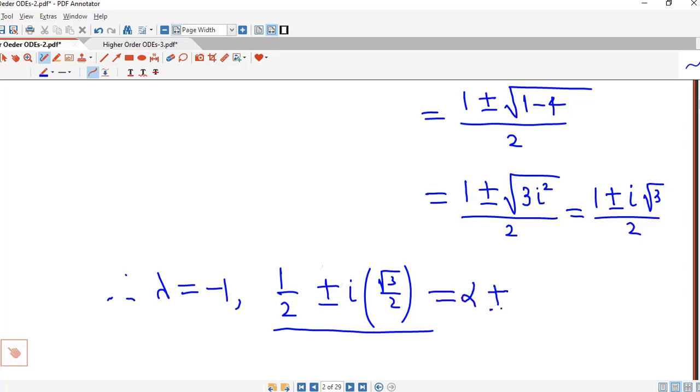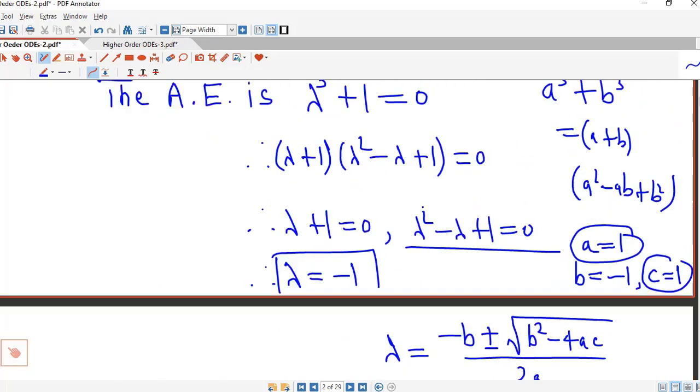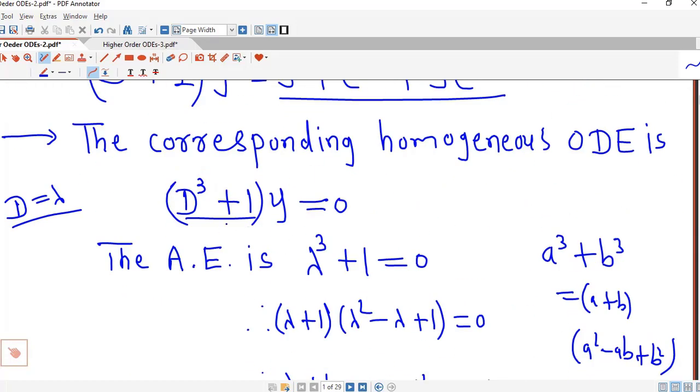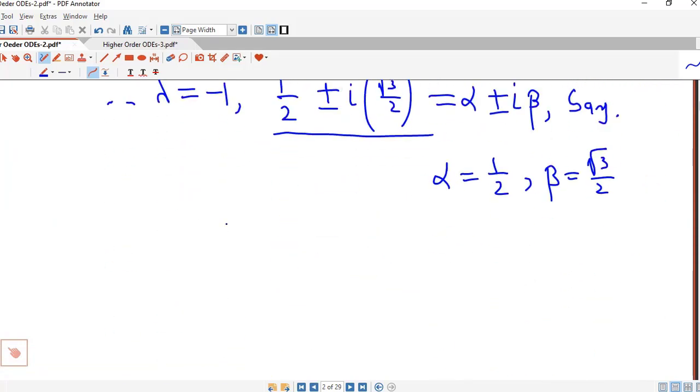If we compare with alpha plus or minus i beta, alpha is going to be 1/2 and beta is going to be square root of 3 divided by 2. So the general solution of this differential equation is nothing but the complementary function of the given non-homogeneous equation.